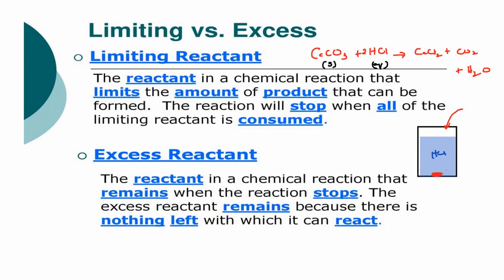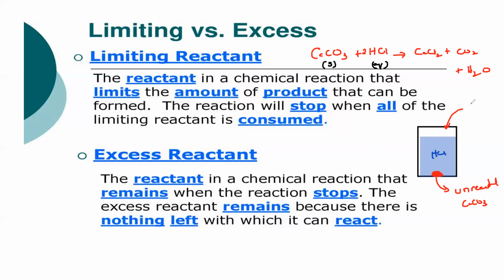We add too much CaCO3, so some of the calcium carbonate is unreacted, meaning it does not react. So when we compare the two reactants here, one of the reactants is a limiting reactant or limiting reagent, you can also say. Another one is an excess reagent.